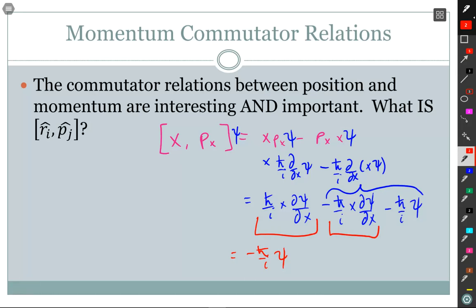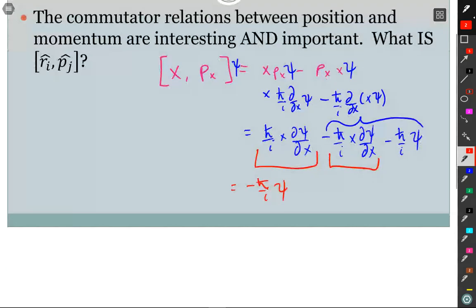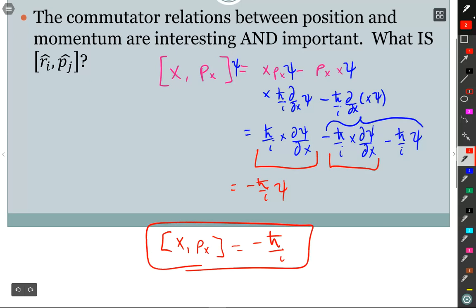So we have x comma p_x equals minus h-bar over i. And that should be what we have in the front cover of the textbook. I think an easier way of writing this is i h-bar.